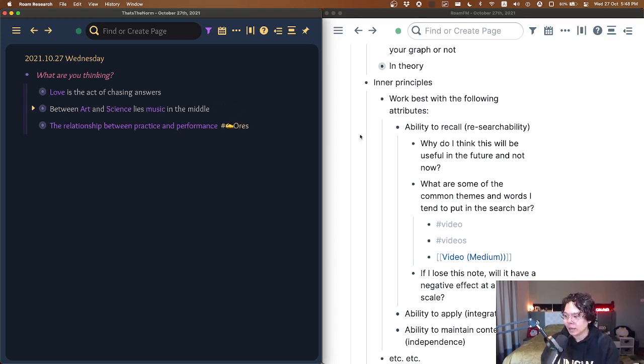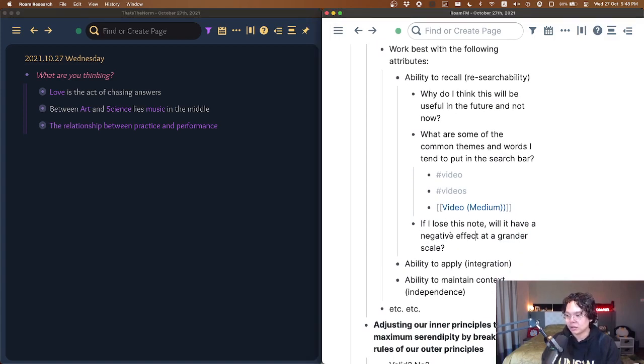And in asking myself the question, if I lose this note, will it have a negative effect? I don't know, right? But my answer to this question may or may not have influence over how particular I should be when expressing or articulating this note or this thought.